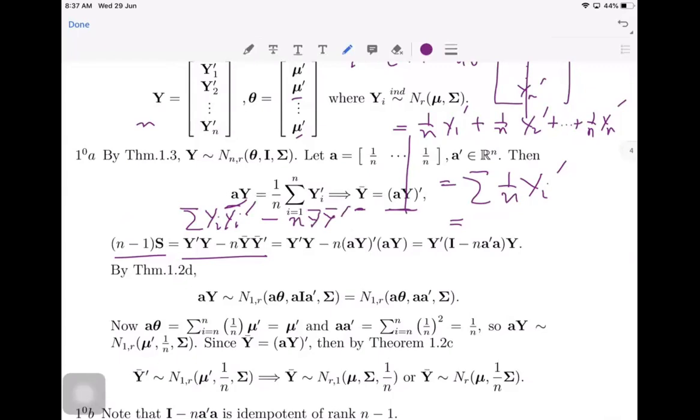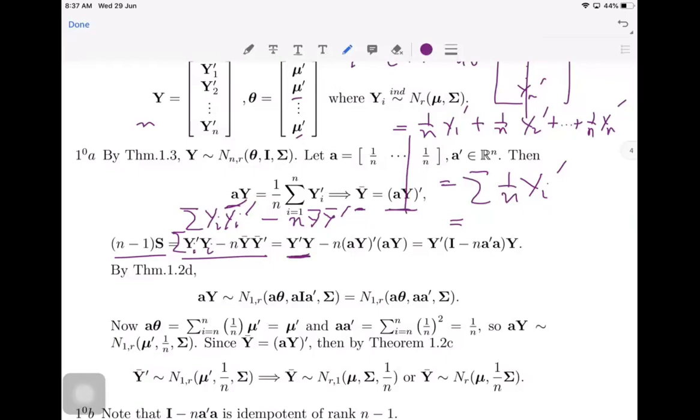Okay. So there should be a summation of y_i prime here. But what is the summation of y_i prime? That is actually your y bar y. Are you with me? So it is correct.